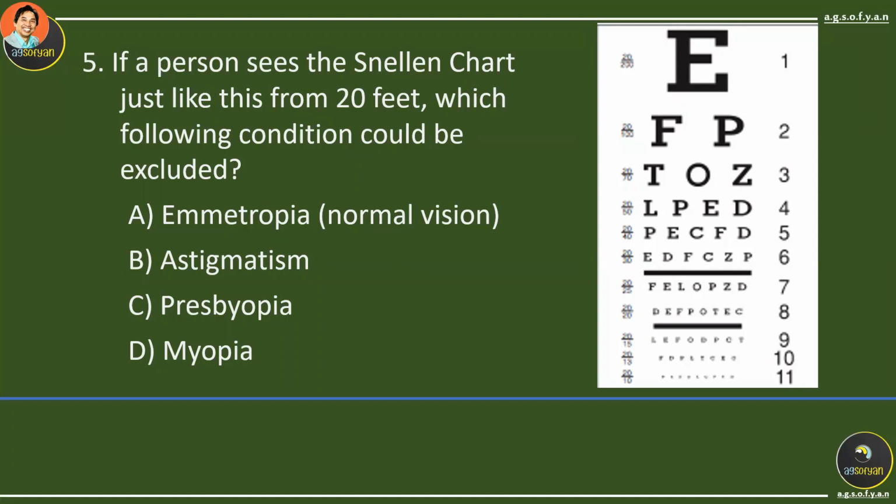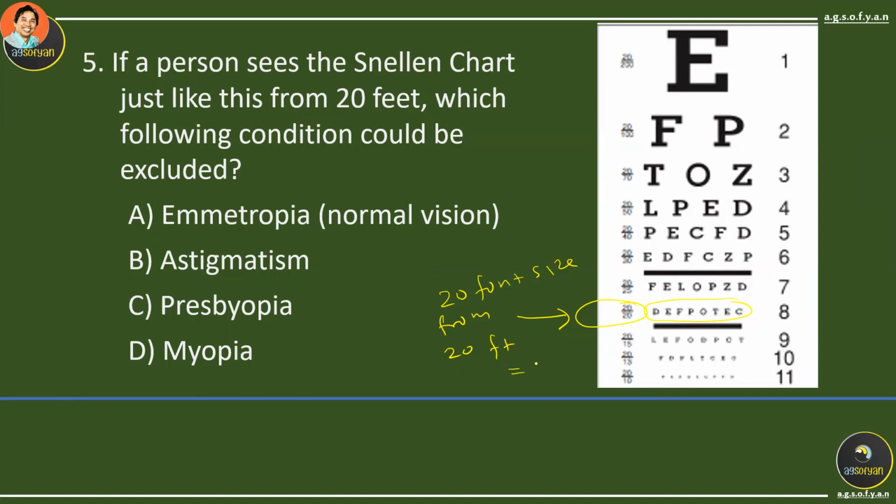So if you're able to see all the letters on the chart from 20 feet, especially this 20/20 over here, this person is considered as having normal eyes.